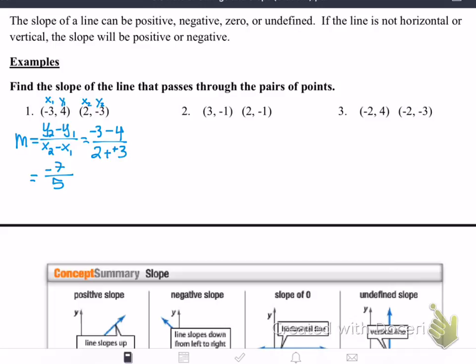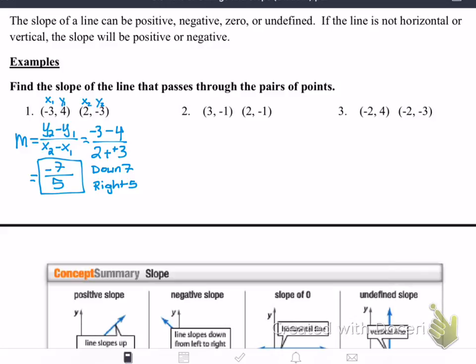If it's possible, simplify it, but leave it as an improper fraction. Negative 7 over 5, that is my slope. What this means is that you go down 7 and to the right 5. That's what you would do for the slope.